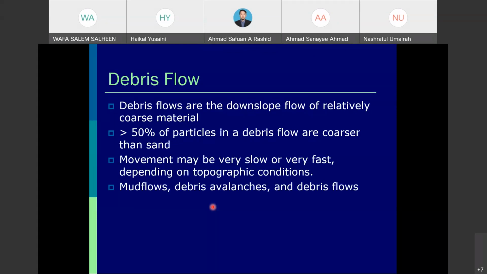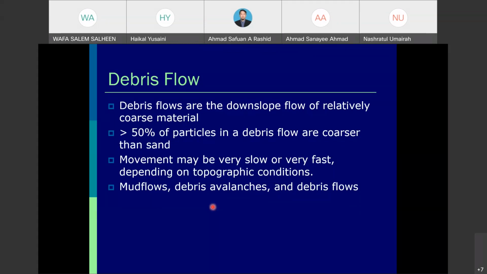So it's very risky, especially if there is any residential area, like a small village, or people living nearby. It's very high risk for them, and it's very difficult to predict, because it may occur within 100 years.